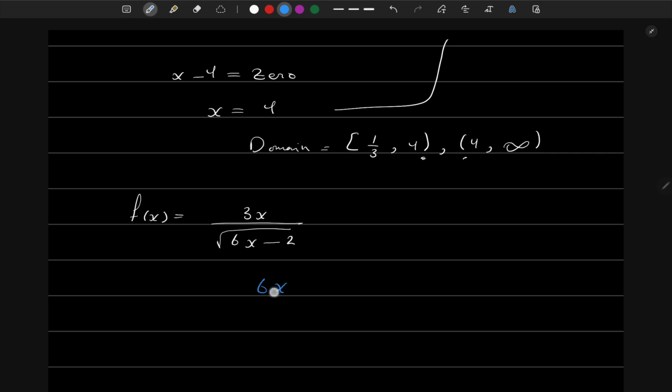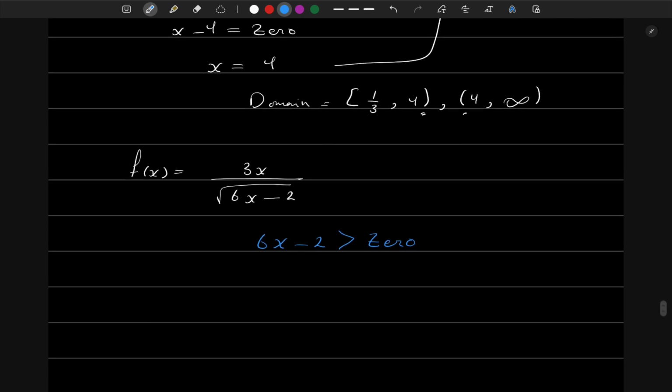So 6x minus 2 should be greater than or equal to 0, so I do not have a negative number under the root. But if I have 0, then I'm going to get a denominator of 0. So I'm just going to make it 6x minus 2 greater than 0. Now 0 is excluded because I don't want 0 here.